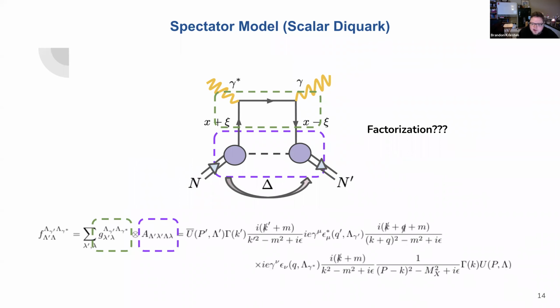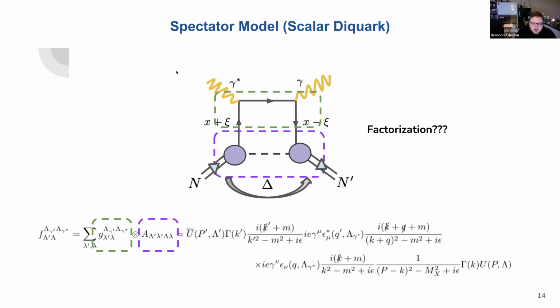So our parameterization is based off a spectator diquark model. And one can think about it if you take this amplitude, this scattering amplitude, for instance, deeply virtual Compton scattering. You have your initial and final state nucleon, you have your scalar diquark here, and you have your quark loops and your photons coming out.